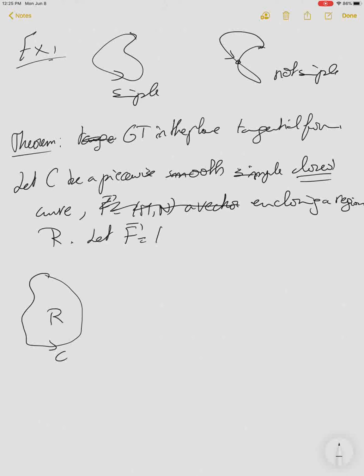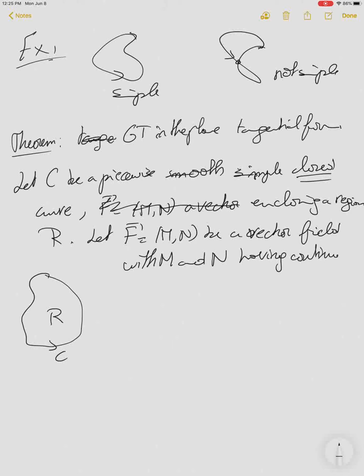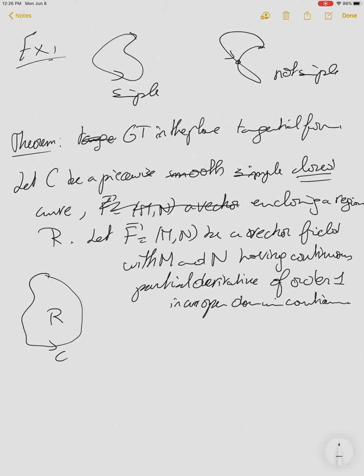Now let F equal M N be a vector field with M and N having continuous partial derivatives of order 1 in an open domain containing R. So let's say this is D, and I have Mx, My, Nx, Ny exist, and they are continuous.